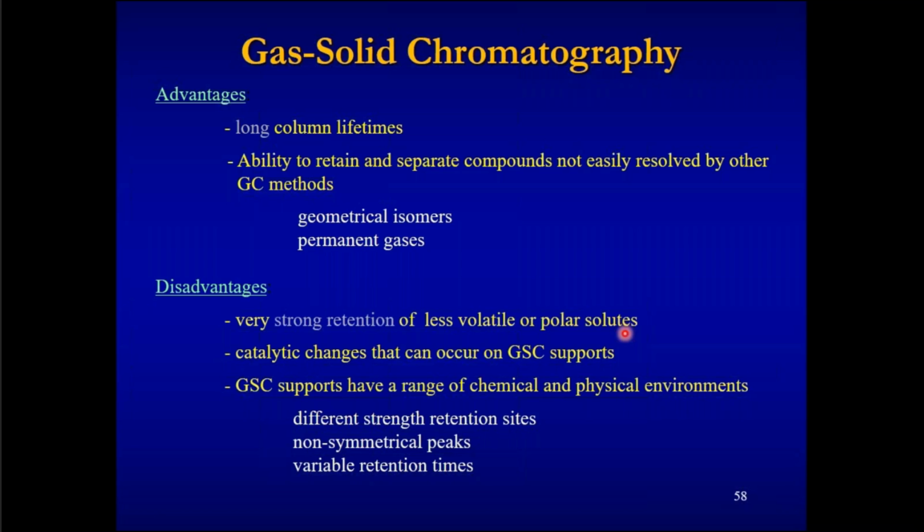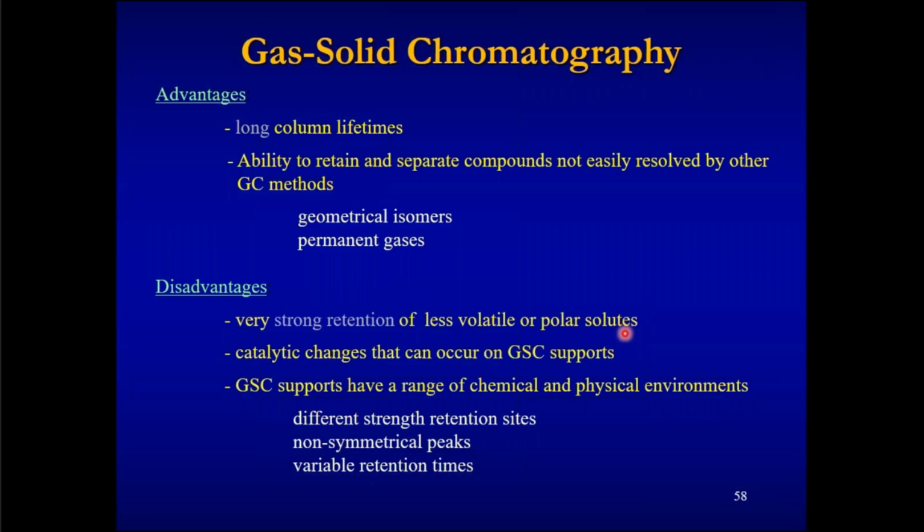You get either the left side of the peak extended or the right side extended. If the right side is extended, we call it tailing, and if the left is extended, we call it fronting. Variable retention times may also be exhibited by GSC support. This is mainly because GSC requires the stationary phase to be packed into the column.